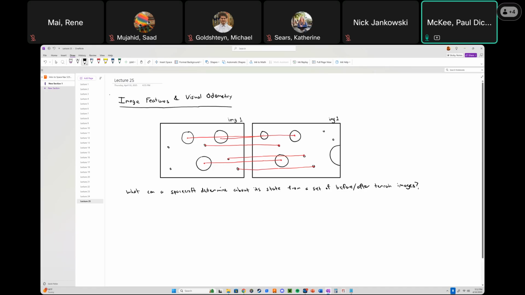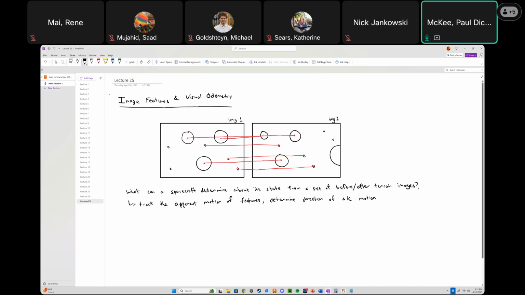Okay, so by tracking the apparent motion of features which don't actually move, you can determine at least the direction of spacecraft motion.